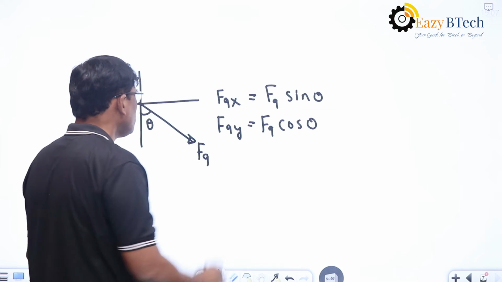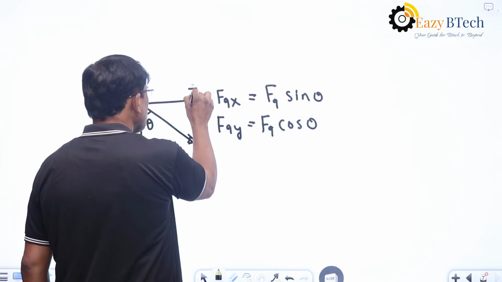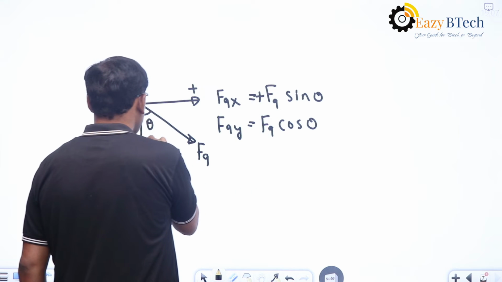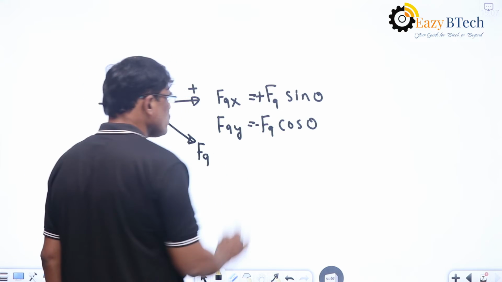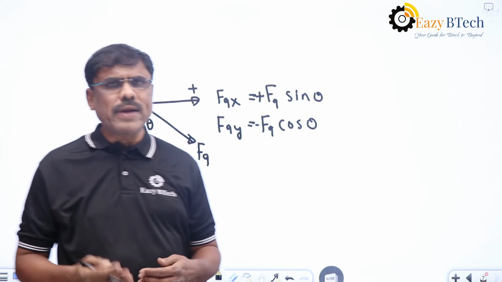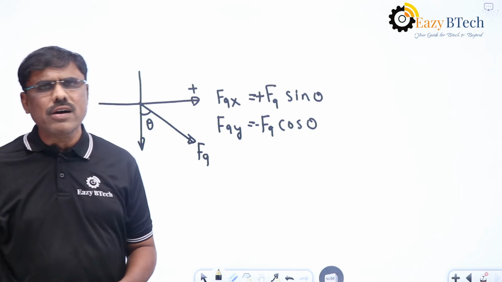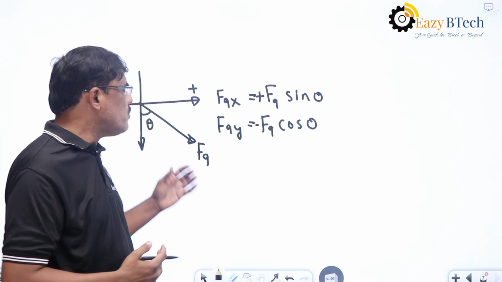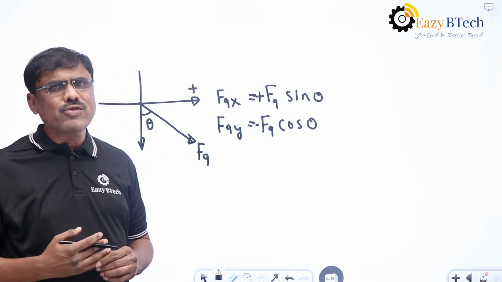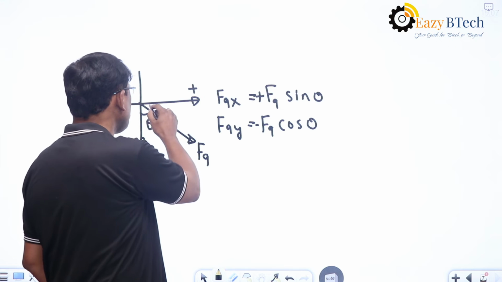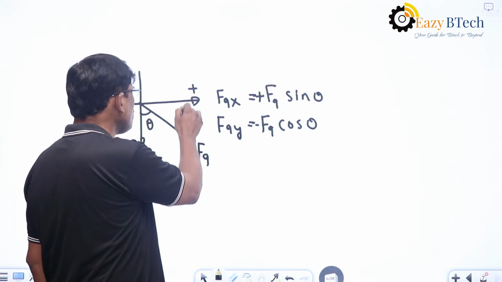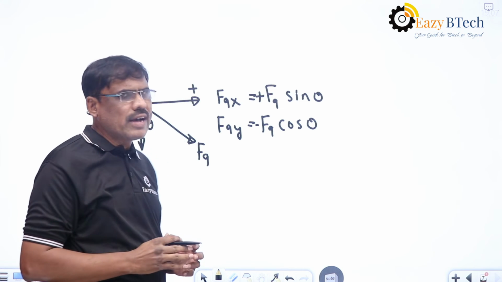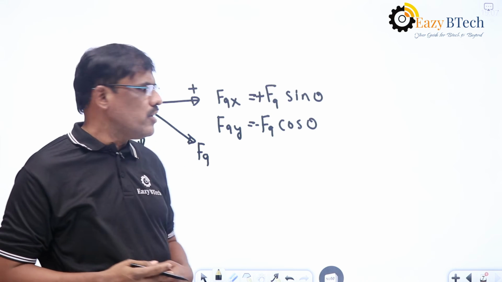Here the x component is plus and the y component is minus. So you need very good practice at the beginning to find the components of a given force. Finding the components of a given force is known as resolution of a force. Here the force is resolved into its components along two axes which are perpendicular to each other.